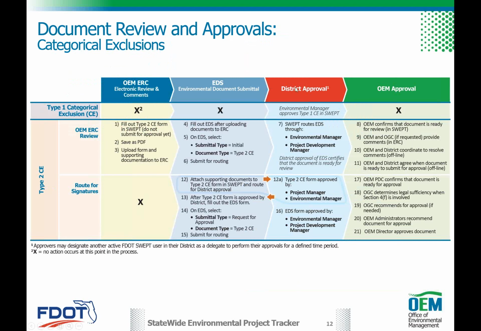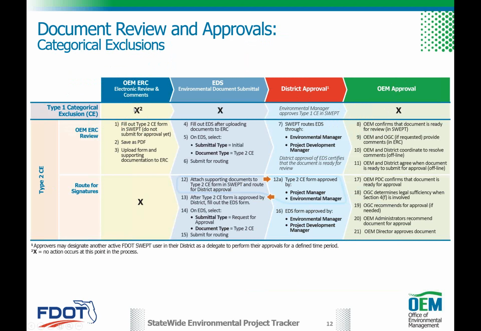So then we look at functionally what happens with district approval, and then functionally what happens with an OEM approval. On this very simplified example of the type 1, type 1s are categorically excluded. They're completed and approved down in the district.